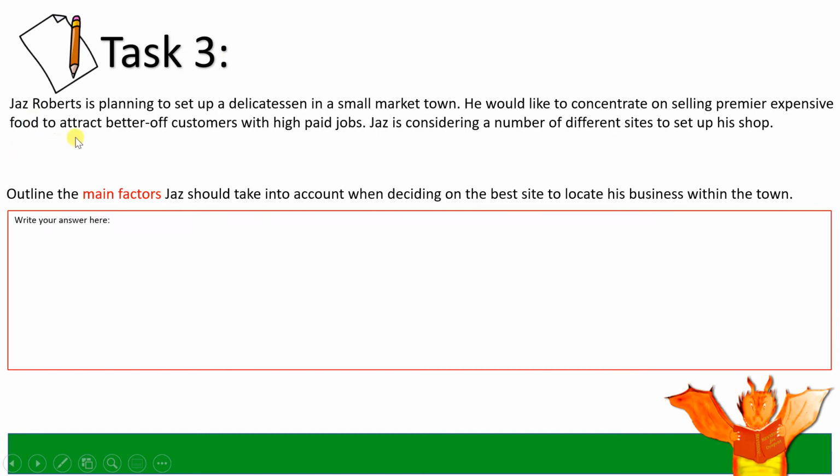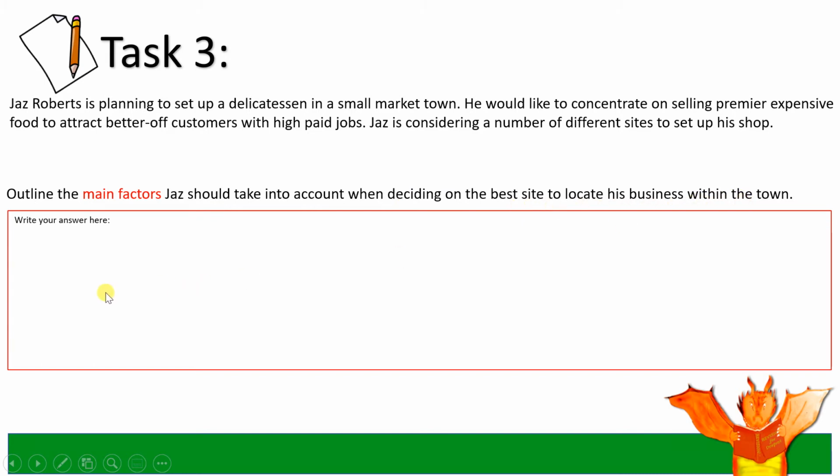Task 3. Jazz Roberts is planning to set up a delicatessen in a small market town. He would like to concentrate on selling premier expensive food to attract better off customers with high paid jobs. Jazz is considering a number of different sites to set up his shop. Your task, outline the main factors Jazz should take into account when deciding on the best site to locate his business within the town.